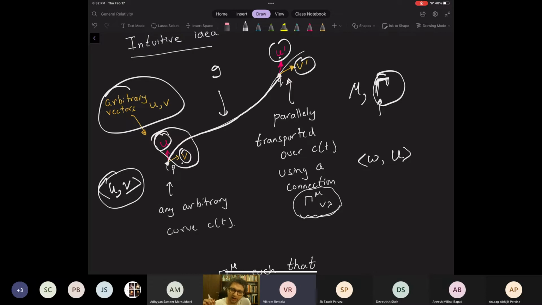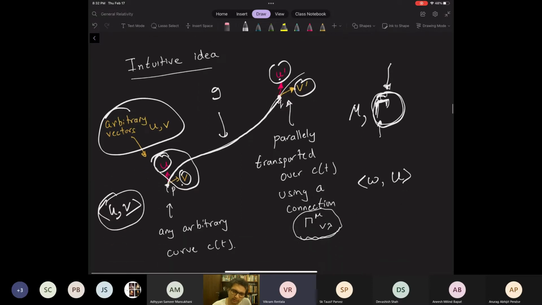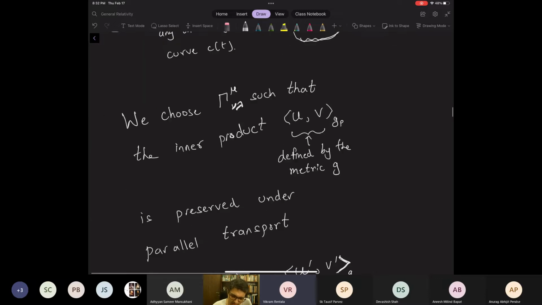Under this assumption, there is a unique choice of what this connection should be. There's one caveat to this, which I'll come to later. But essentially there's a unique choice for gamma under the requirement that transport of arbitrary pairs of vectors along an arbitrary curve should leave the dot product of those two vectors invariant.